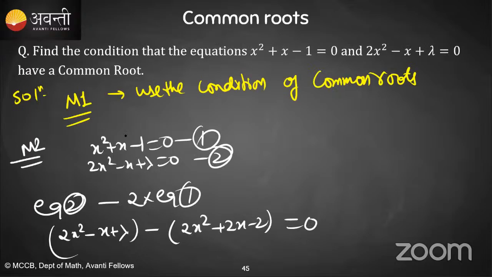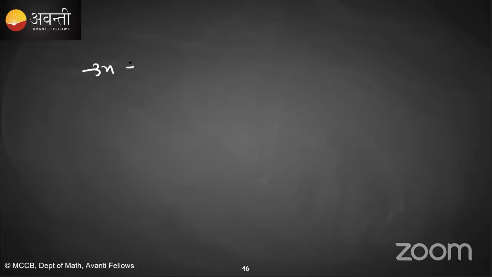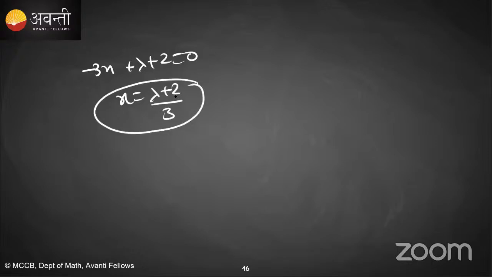So minus 3x plus lambda plus 2 is equal to 0. So x comes out to be lambda plus 2 by 3, right.